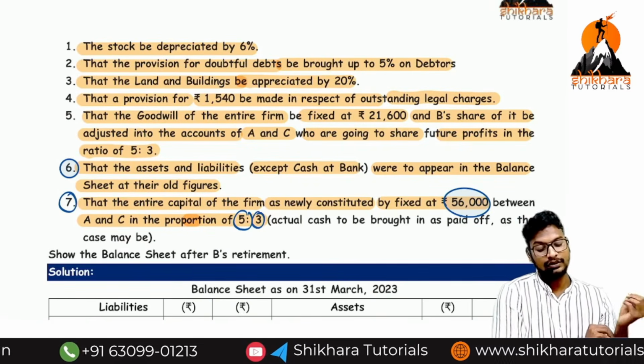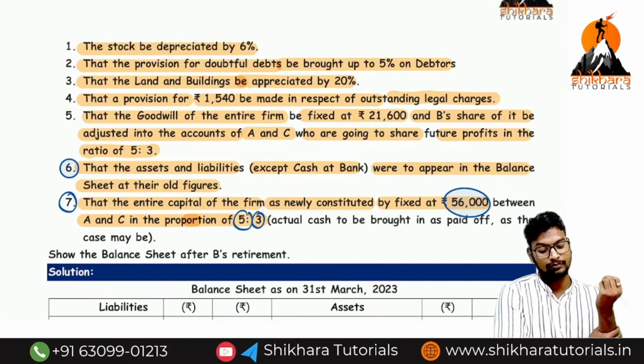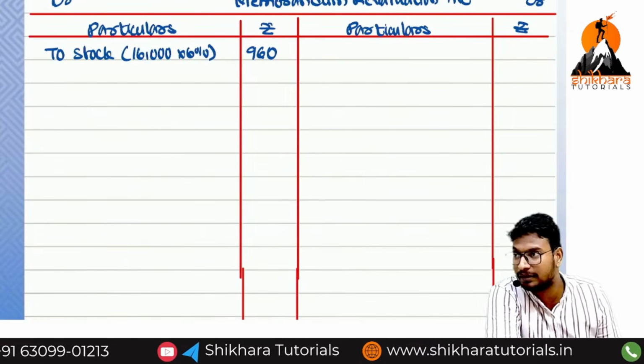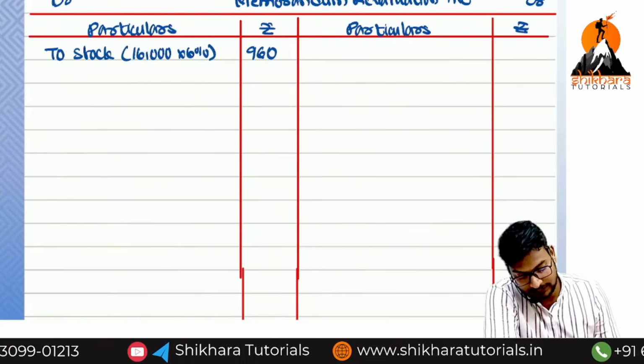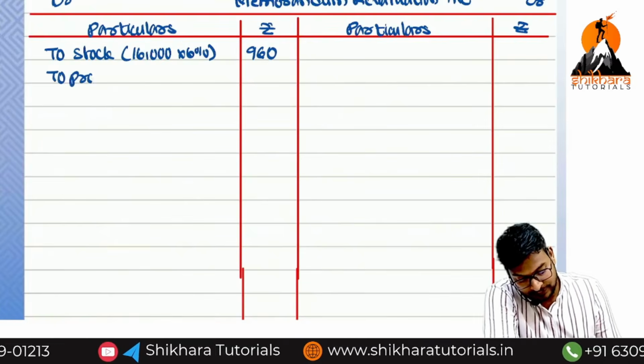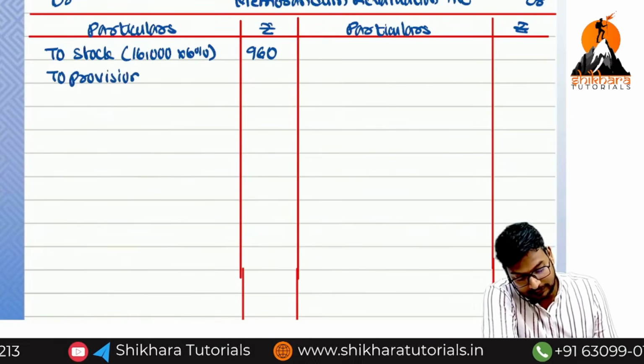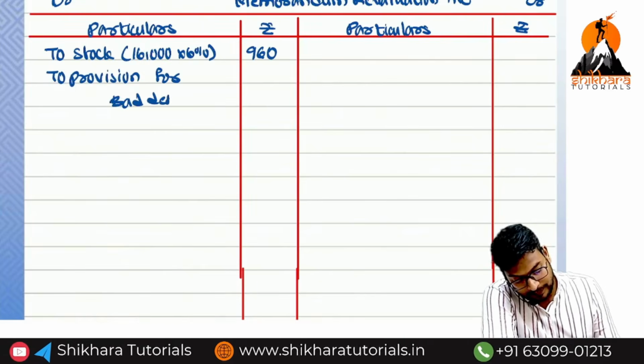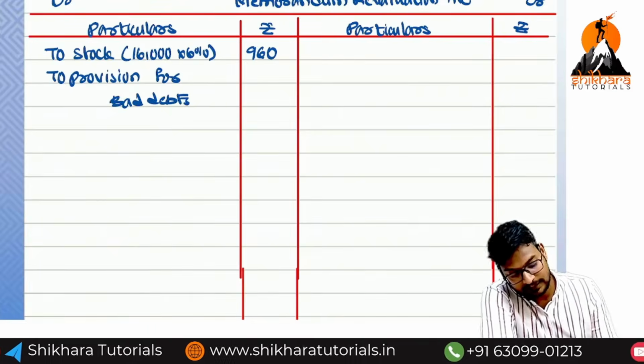The provision for doubtful debts to be brought up to 5% on debtors. So to provision, Amma. To provision for bad debts. So we need to calculate on debtors. What is the debtor value, Amma?